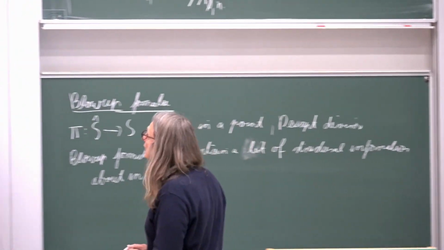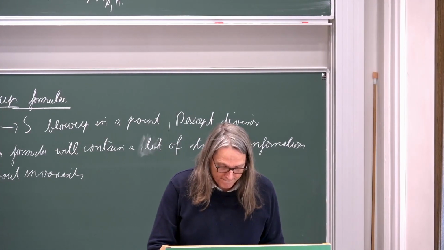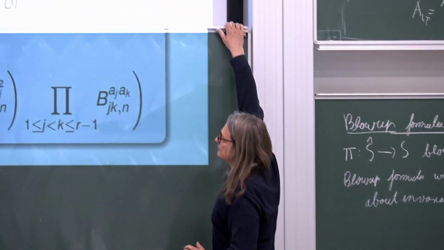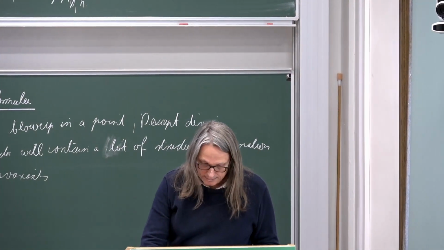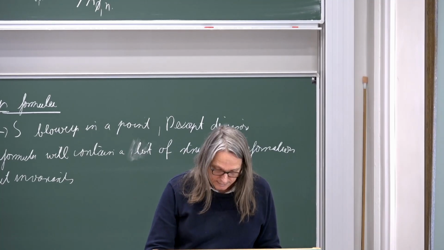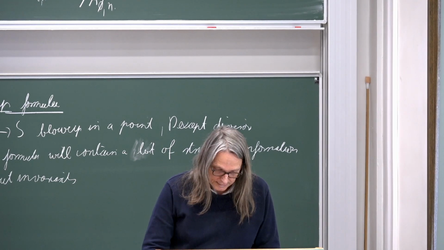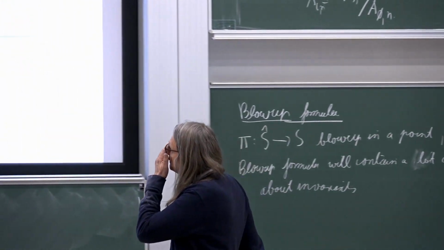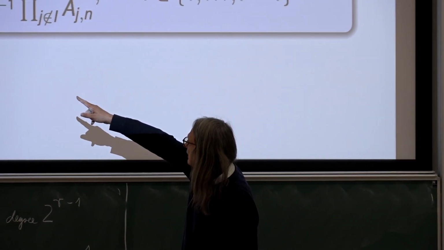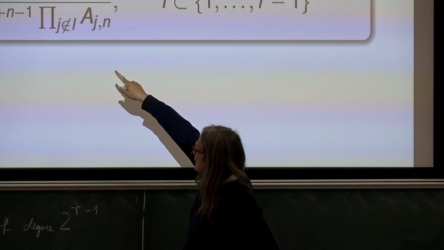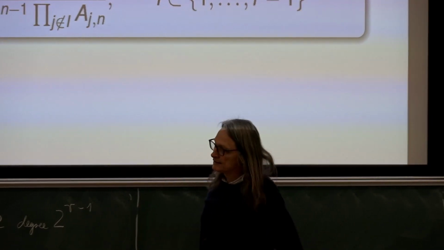So we have still the same as before, and now we find that one explanation for this phenomenon is that AIN is actually given by the AIs, where the AIs for which I lies in our set I are in the numerator, and the other ones lie in the denominator.